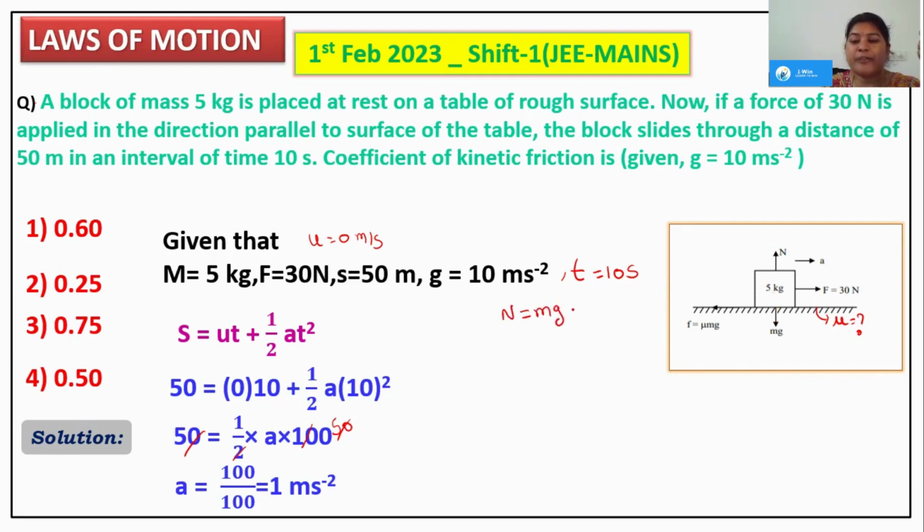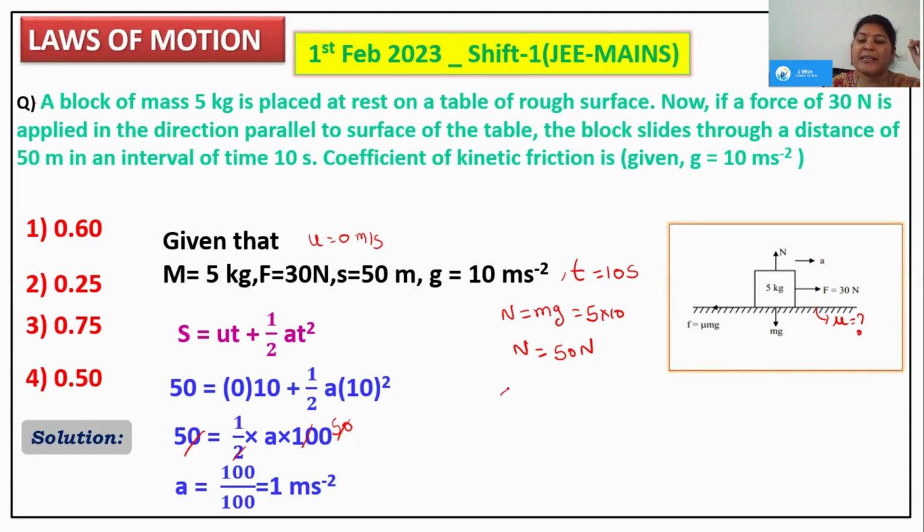So what is the N value here? N is mg. m is given as 5 kg, g is 10. That means the normal reaction on the block is N equal to 50 Newton.